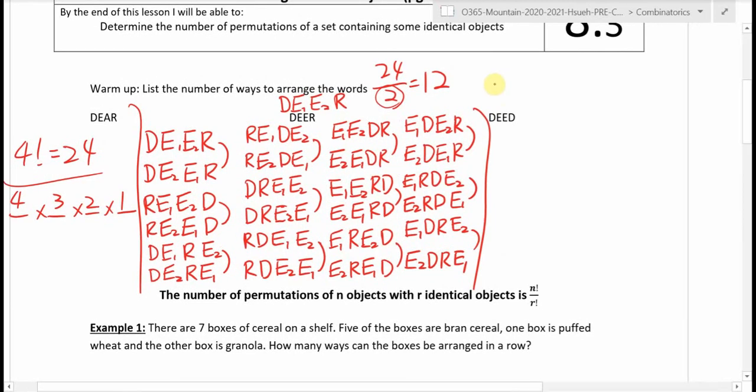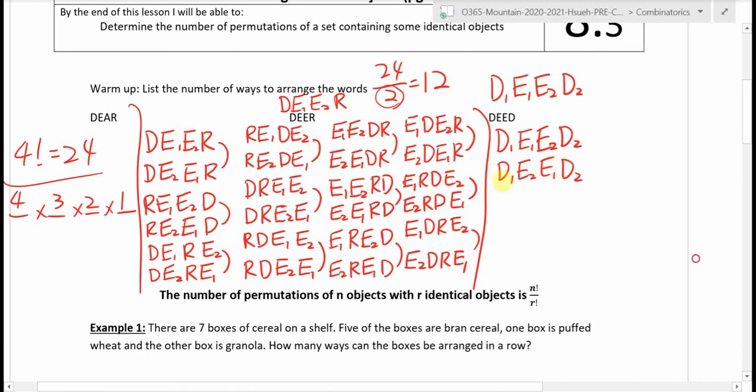Instead of deed, I'm going to call this D1, E1, E2, D2. Let's try to arrange deed in this orientation only. I can arrange this as D1, E1, E2, D2, obviously. I can switch the E's, so then I have D1, E2, E1, D2.